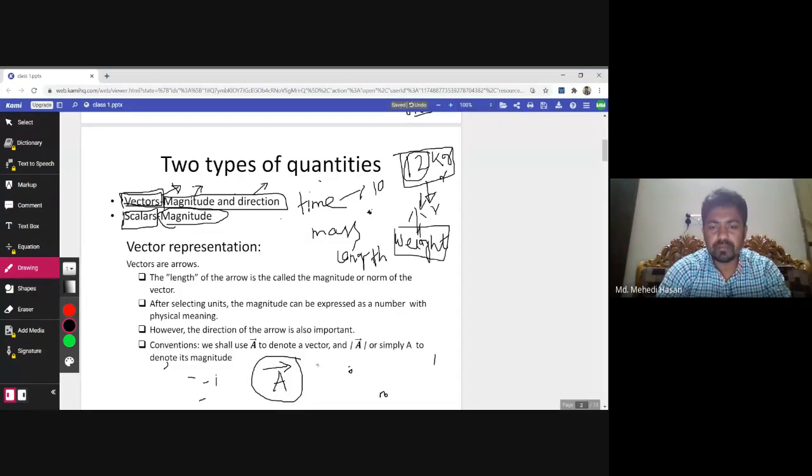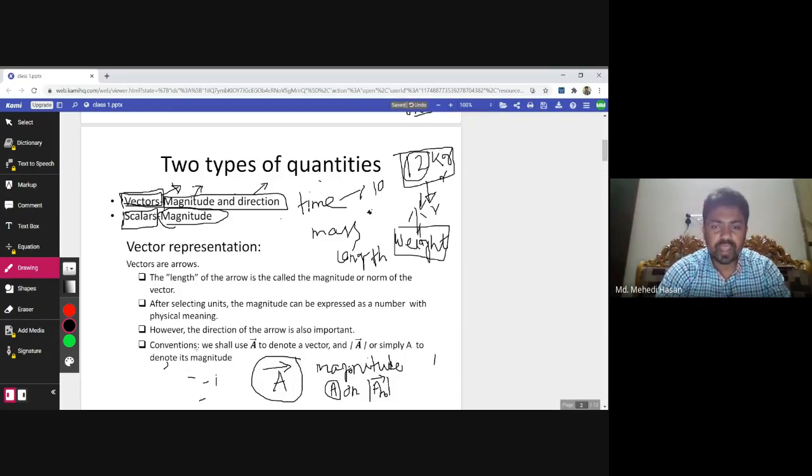And how can we write the magnitude of a vector? We can write just the capital letter A, or you can give the modulus sign. The modulus sign of this vector represents the magnitude of vector A, and also just the letter alone describes the magnitude of vector A.